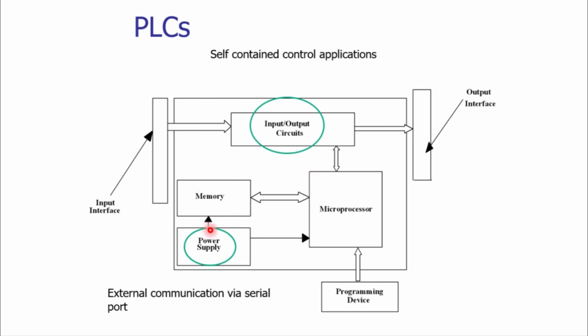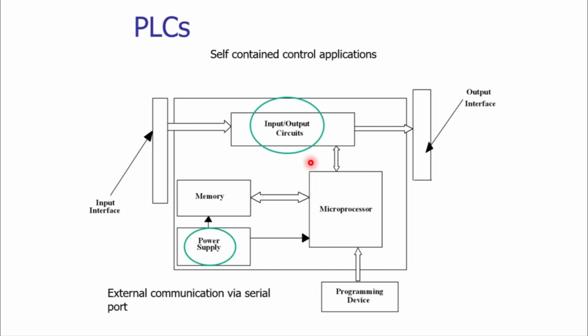But you just notice that the PLC has a power supply that is supporting the memory, assisting the memory, and also assisting the microprocessor. It has an inbuilt power supply which is helping the memory and microprocessor to survive.